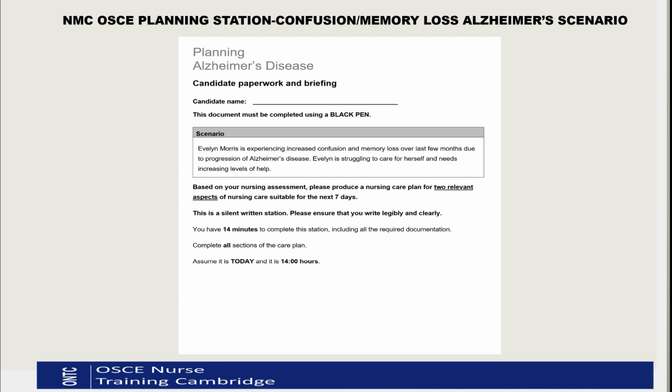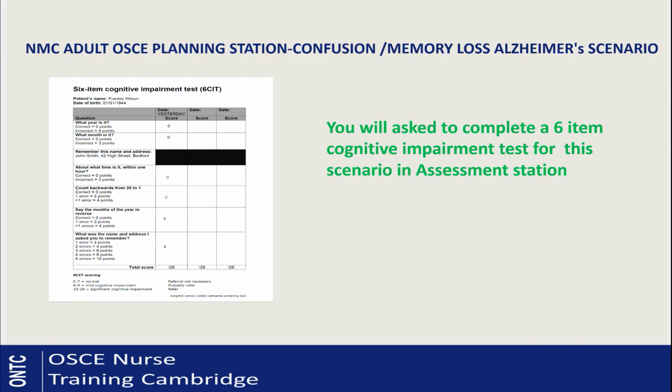If you look at the next screen, you will be asked to complete a cognitive impairment tool. I have already done a video on the 6 item cognitive impairment tool, so go ahead and watch that as well. I will add the link to the description of this video below. You would have already completed the 6 item cognitive impairment test for this patient in the assessment station, not in planning.